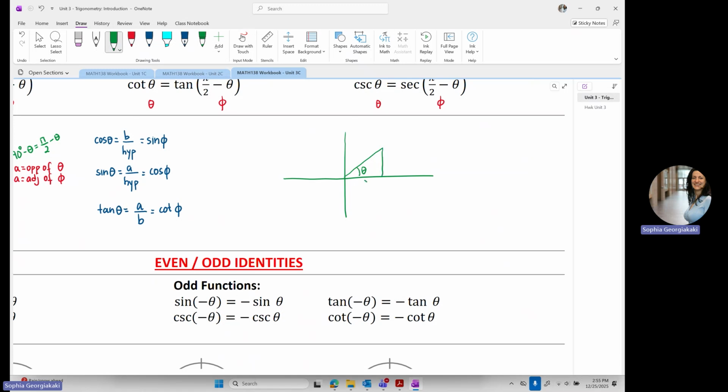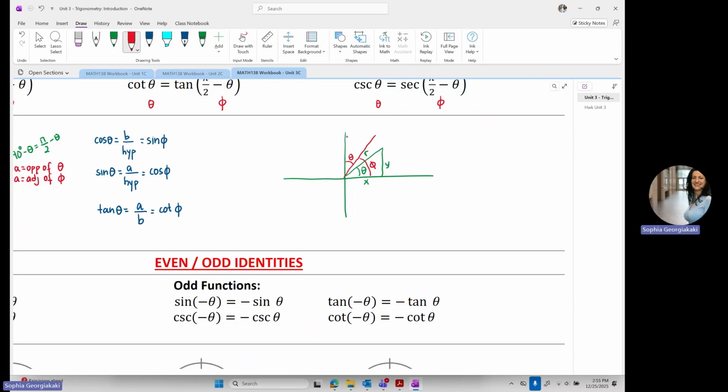So you will have here an x and a y and an r. Your phi angle will actually have the same reference angle, but that angle, theta, will be referenced on the vertical axis. So if phi is 90 degrees minus theta, then theta is your reference angle with respect to the vertical axis.